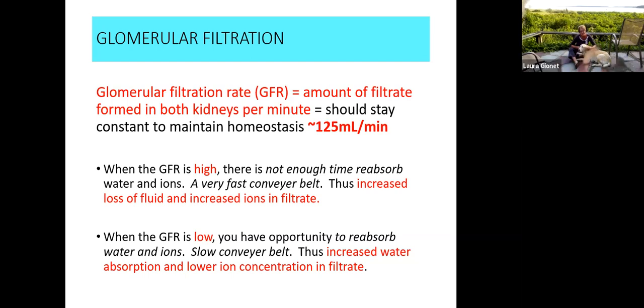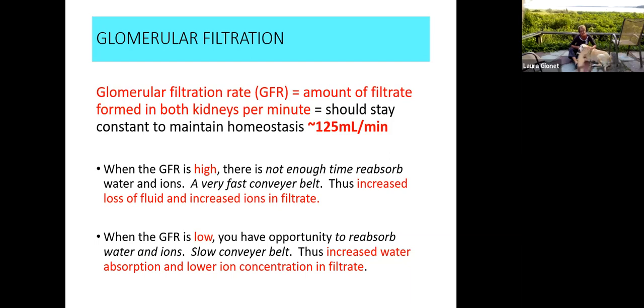It can go a little higher, a little lower, but you want to be at a fairly consistent 125 milliliters per minute. So that is a product of blood pressure and the amount of filtrate, the neurological input to how much blood is being transported to the kidneys.